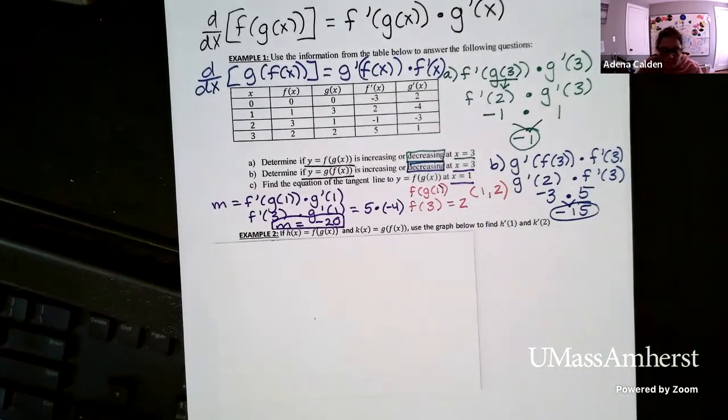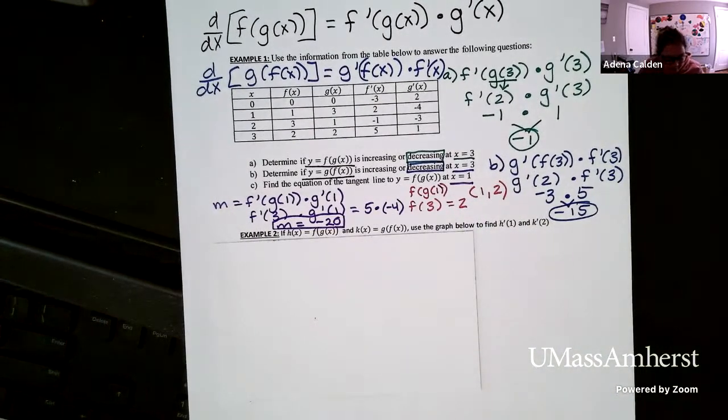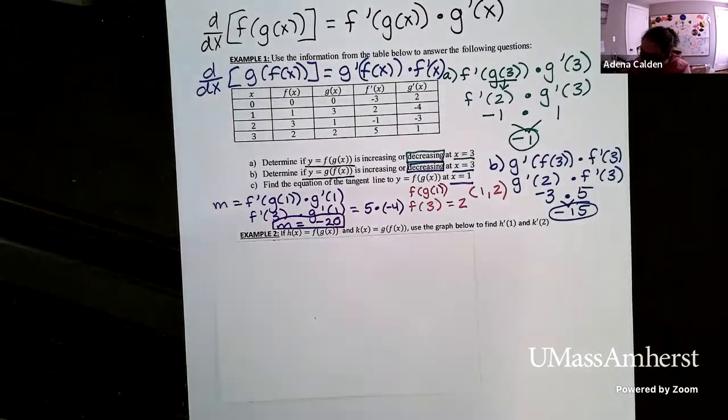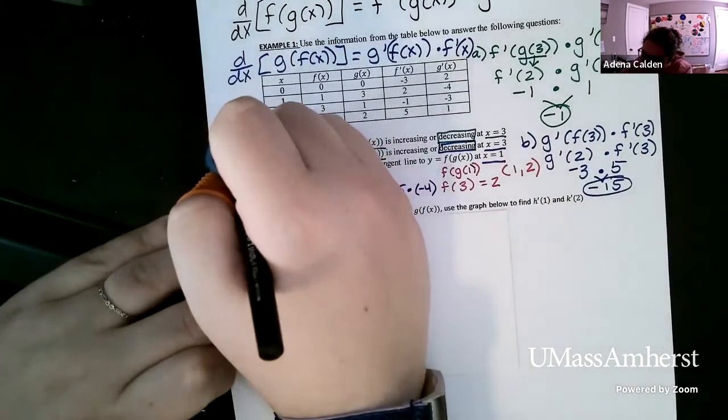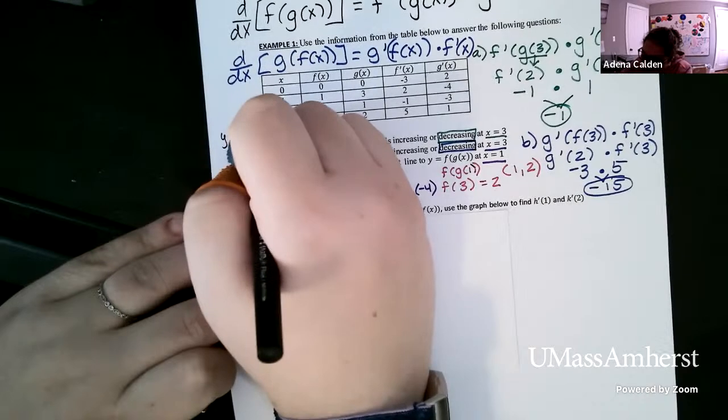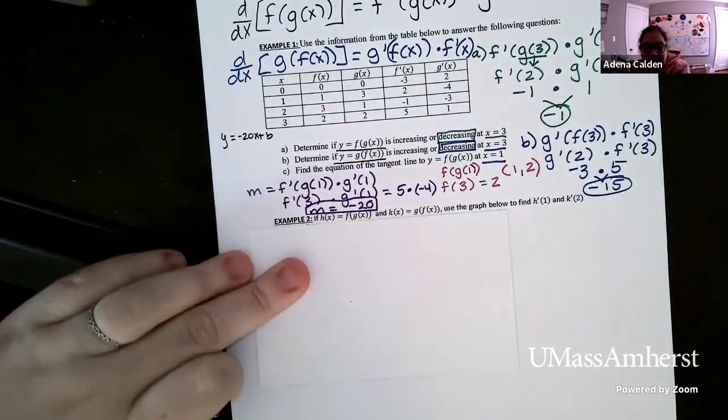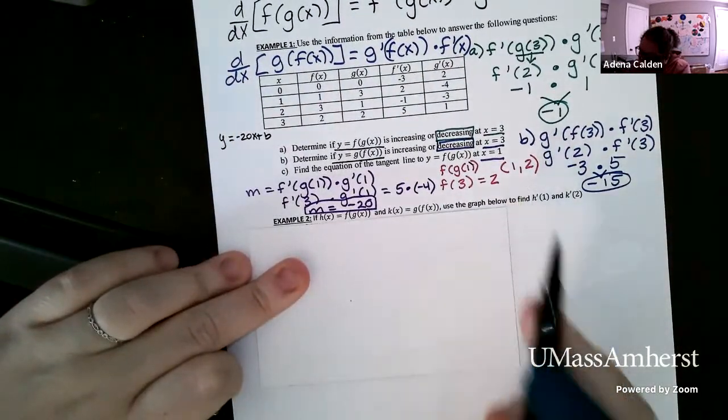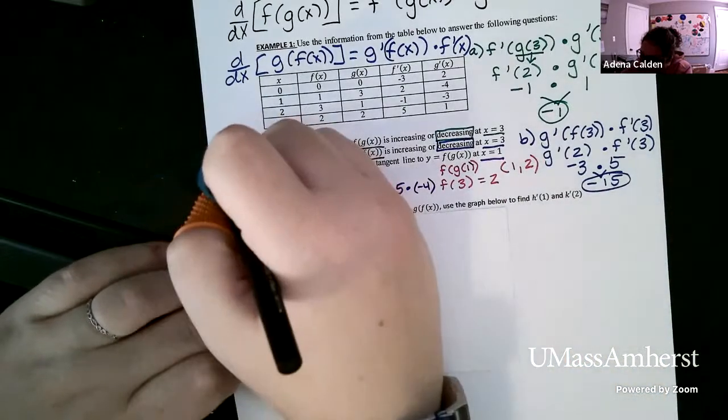So I need to put those together with y equals mx plus b. So we have y equals negative 20x plus b. We plug in our point, (1, 2). So when x is 1, y is 2.